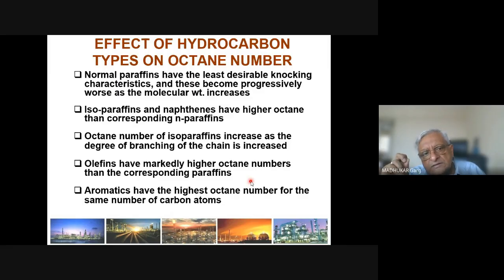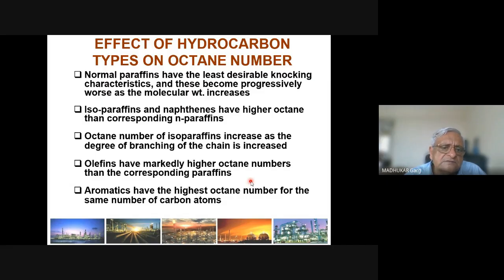Talking about octane, this is very important in today's context because you cannot sell gasoline unless it has an octane number of 92. Currently, there's talk of even going up to 95. The current specification is 90 to 92.